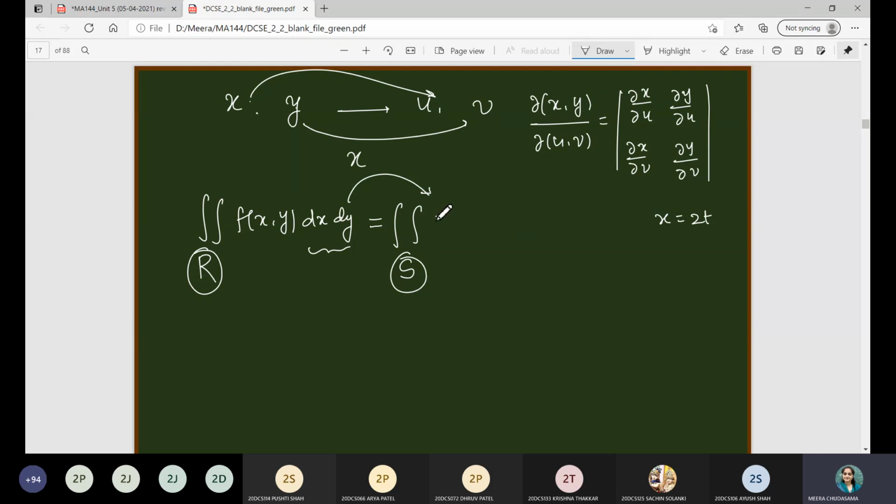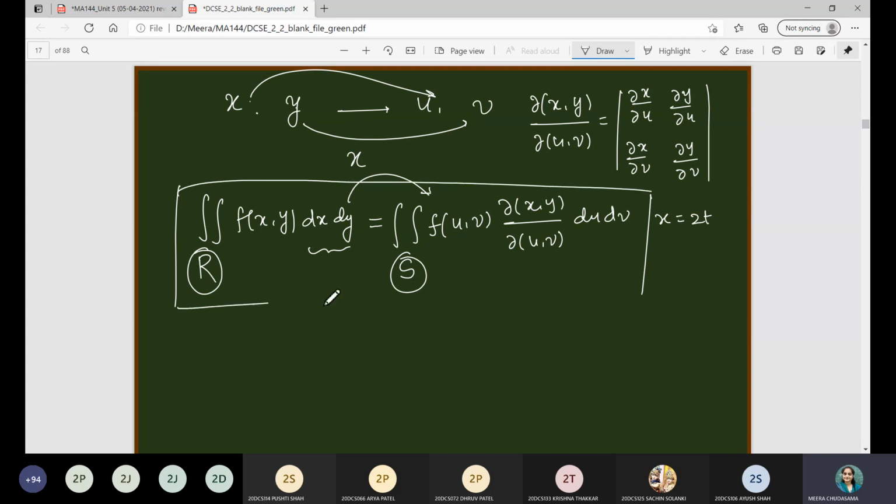In that case, now your function, which is in terms of x and y, will be in terms of u and v, so the function will also change. The dx dy will be changed as the Jacobian of xy with respect to uv, into du dv. So this is the formula when you consider any transformation of Cartesian coordinates to another one, represented by u and v as other variables.